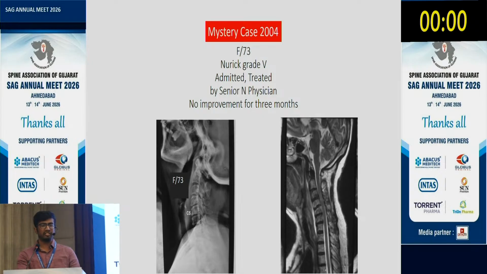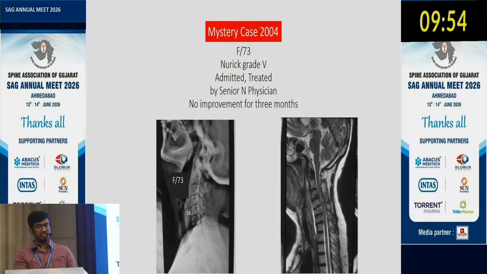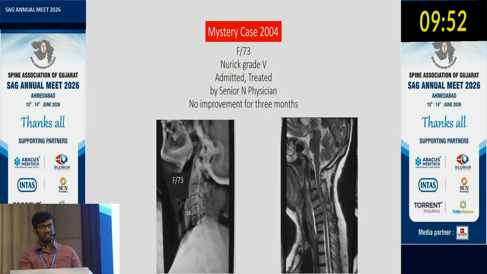So, what is the use case scenario for kinematic MRI? This is an example case, a 73-year-old female, approximately Nurick grade 5. She had severe myelopathic symptoms that increased when she sat or stood and reduced while lying supine.